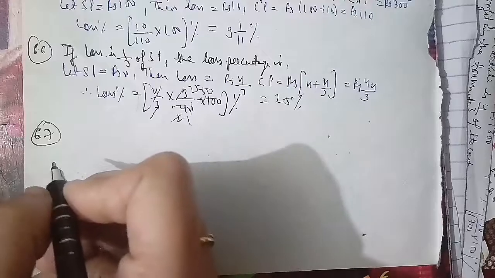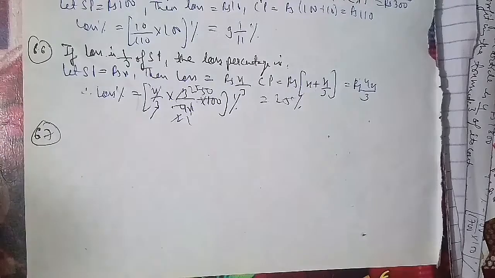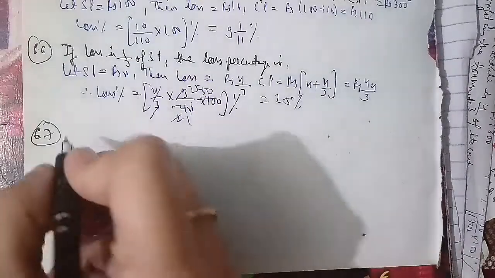That is what we have to talk about. That has been asked in the math examination paper. We'll go ahead. In a certain store the profit is 320% of the cost.